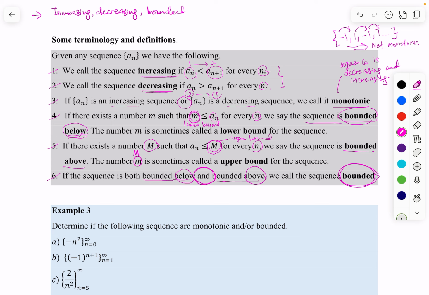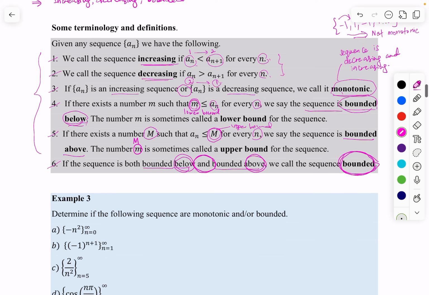If it is just bounded below only, or just bounded above only, but not both sides, then the sequence is not bounded. For the sequence to be bounded, it needs to have both an upper bound and a lower bound. So it is different from the case of monotonic. This is the important terminology and definitions you need to know.